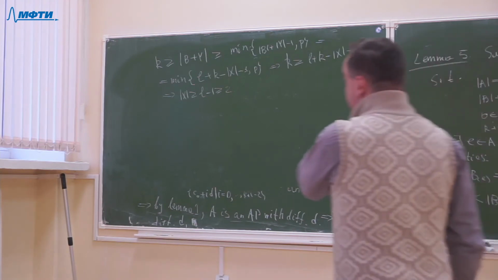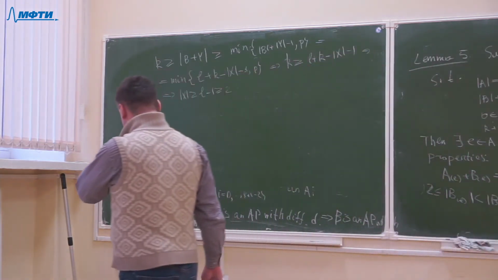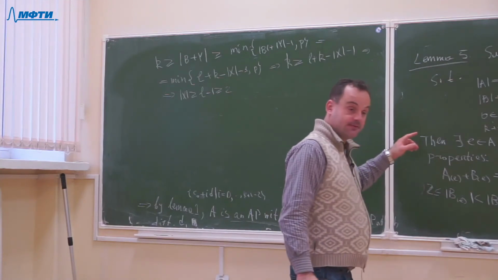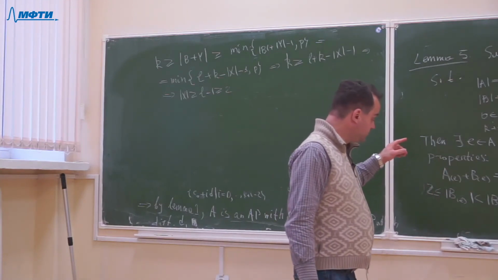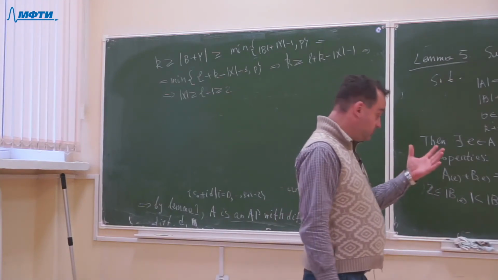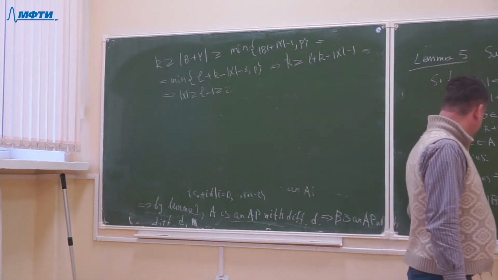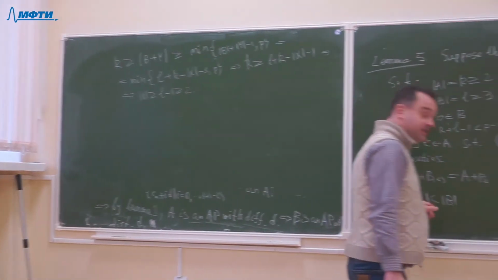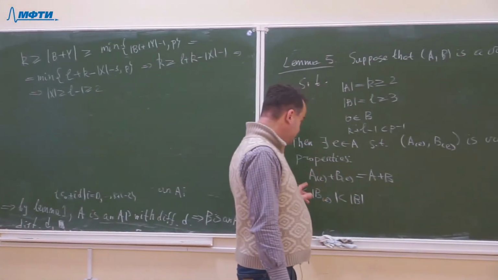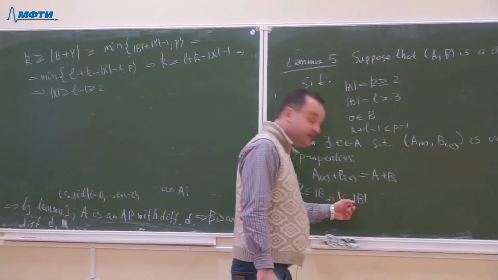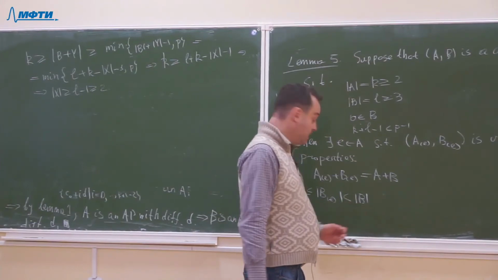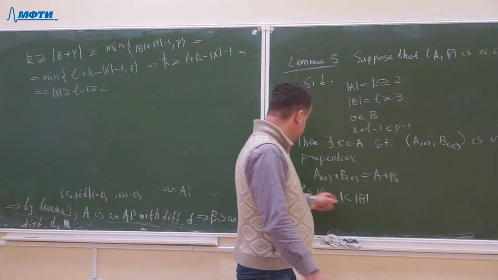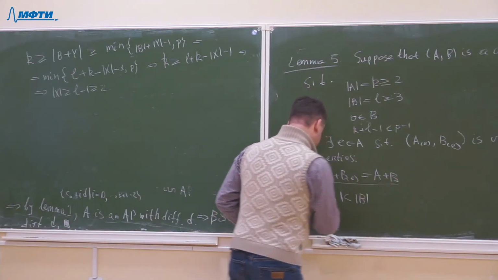All right. So the second part: we showed that there exist at least 2 elements E from A such that B is strictly smaller than B. We proved this part.